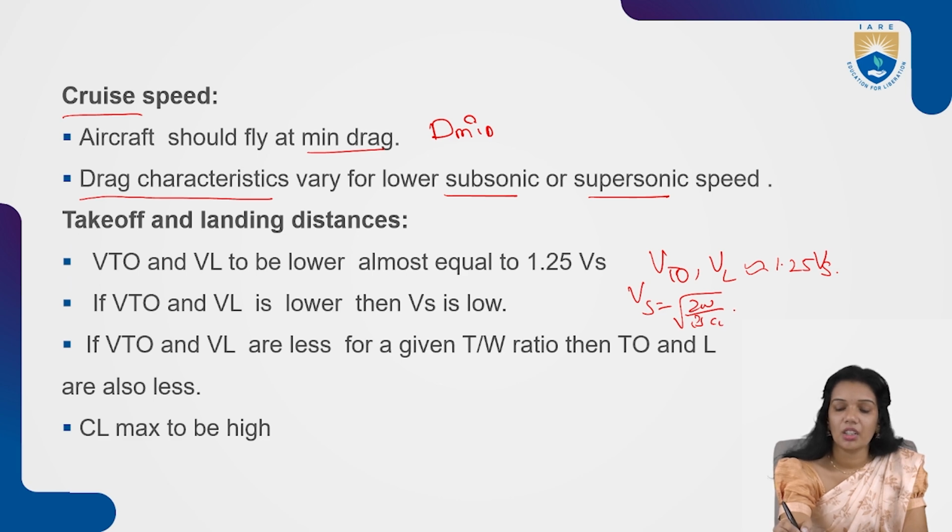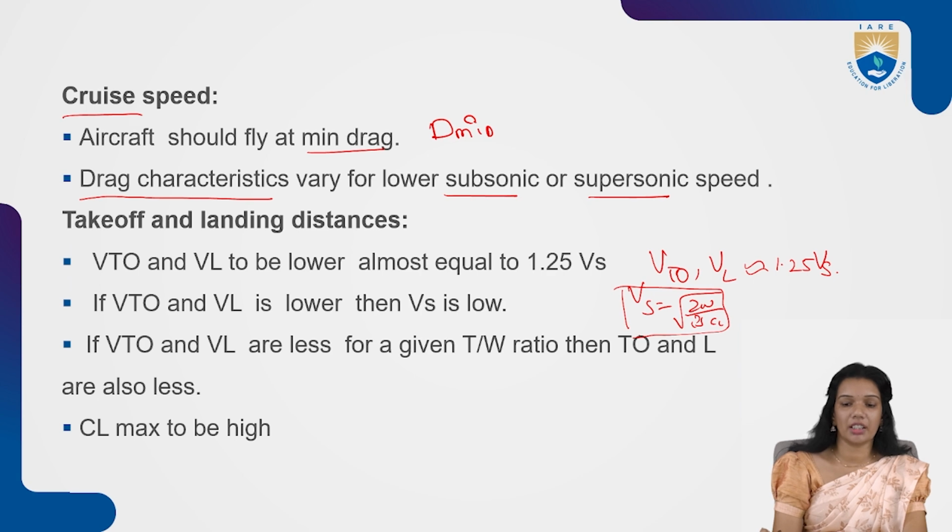This is my stalling speed, and it is inversely related to CL. So if I can decrease the stalling speed, I should be able to increase my CL max, which is what I want. Therefore I keep the stalling speed to a minimum, and the takeoff and landing speeds much lower, almost equal to 1.25 V stall.